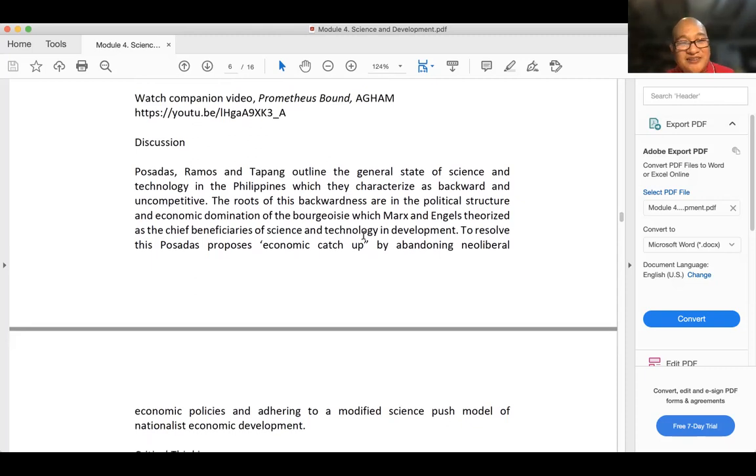The late Chancellor Posadas proposes an economic catch-up by abandoning certain neoliberal economic policies, which means to put a little bit more economic protection on some of our strategic industries that would require a lot of science and technology innovation. So this is a rather modified science push model, because in the neoliberal model, investments may come from different sectors, but the policy is driven by market-driven forces.